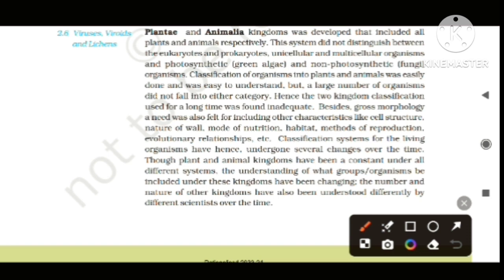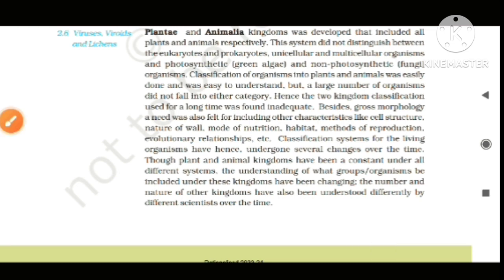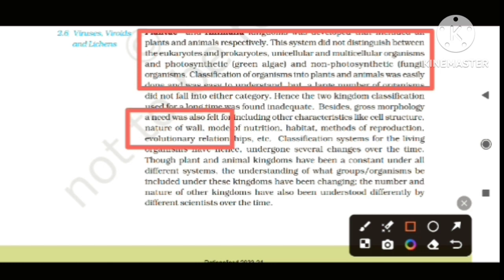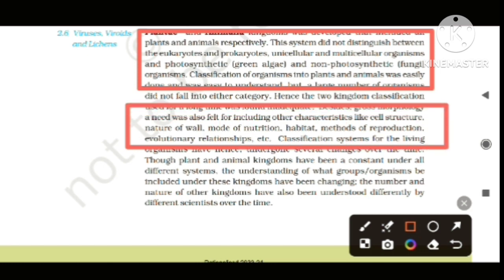Many classifications were done by scientists. In this page, we have the importance of the exceptions, and how the classification failed. Cell structure, cell wall, mode of nutrition, method of reproduction, and evolutionary relationship are important.